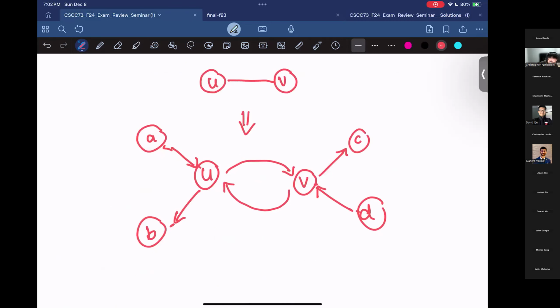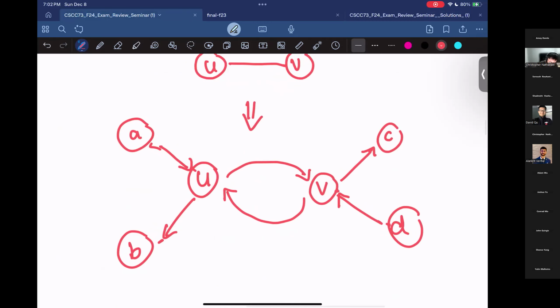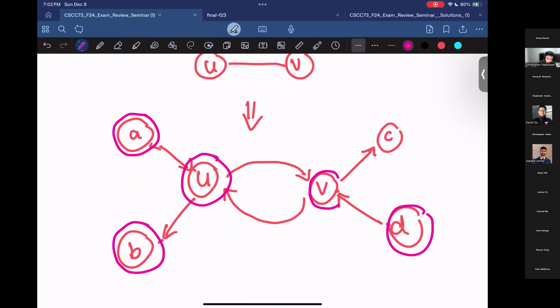So the logic in this one is that once we select A, then now we're in U. When we're selecting the next node to go to, we can go to V or we can go to B. But if V has an opposite flow that goes backwards, we avoid it and then we pick B instead. Same goes for this one. If we're in D and we're in V, if we see that going to U means that there's a U to V traffic that goes the opposite direction, let's just go to C instead.